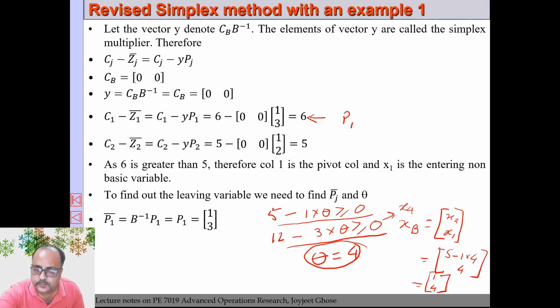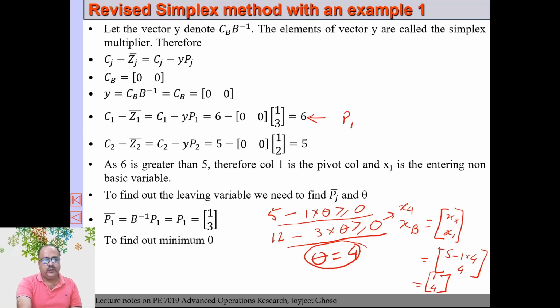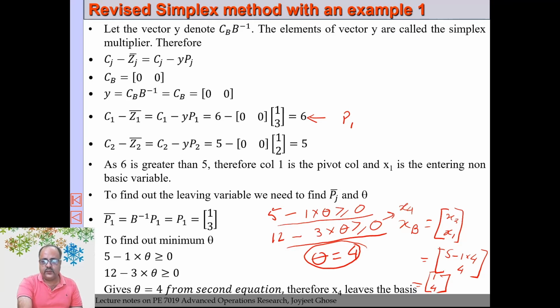Okay, so to find the minimum theta, 5 minus 1 into theta greater than or equal to 0 and 12 minus 3 theta greater than or equal to 0. So this gives theta is equal to 4.